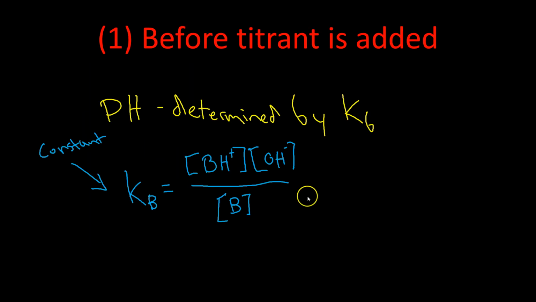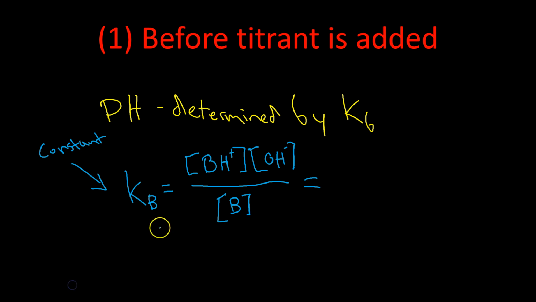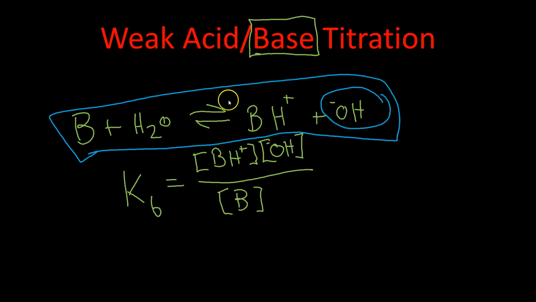So if we want to determine the pH, we can say that every time we form a hydroxide, as you can see from this, you're also forming one of these protonated forms. And every time you form one of these, you're also losing one of these, to keep everything balanced.